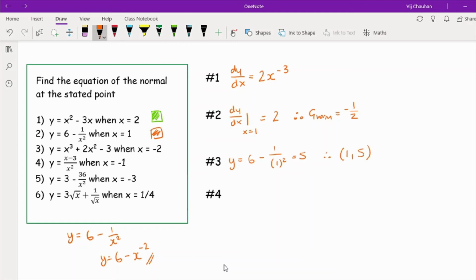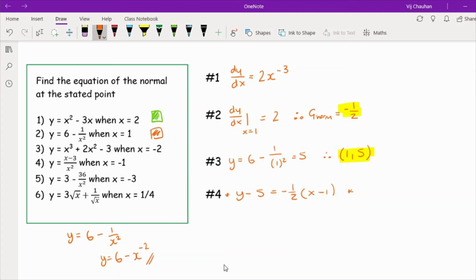Then substituting these two things into the equation of a straight line, y minus y1 equals m(x minus x1), I'm going to get the equation y minus 5 equals minus a half (x minus 1). Now as we've got a fraction again, and as there's no indication of how they want the equation written, I could leave it in this form.